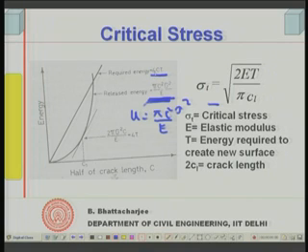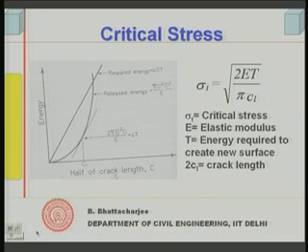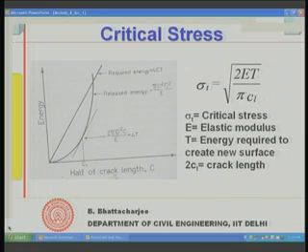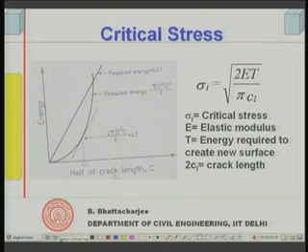If you differentiate, you will get simply 4T, and the slope of the strain energy curve, dU/dC, will be 2 pi sigma square C divided by E. When you equate them, you get an expression like this: sigma critical equals 2 E T under root pi C L. This is the critical stress level at which the fracture will progress spontaneously.